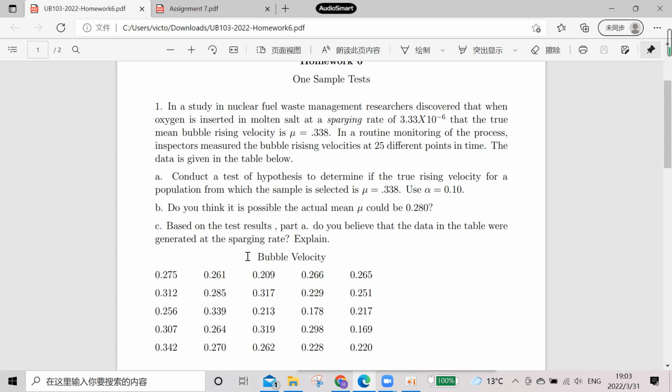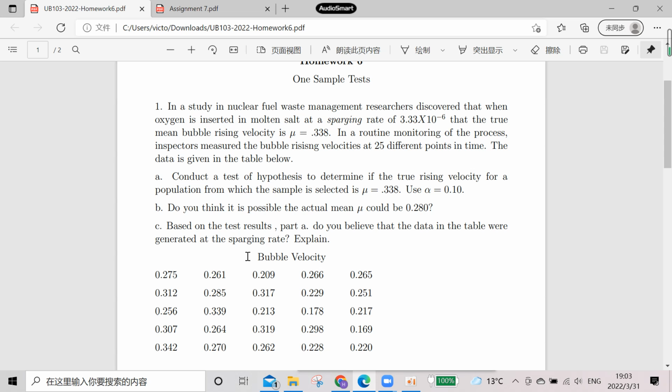But because I'm randomly choosing 15 numbers from that population, I cannot guarantee that the mathematical mean of our 15 observations lies exactly at 0.338. It can be a little bit greater or a little bit smaller, but it cannot be way larger or way smaller than your population mean.